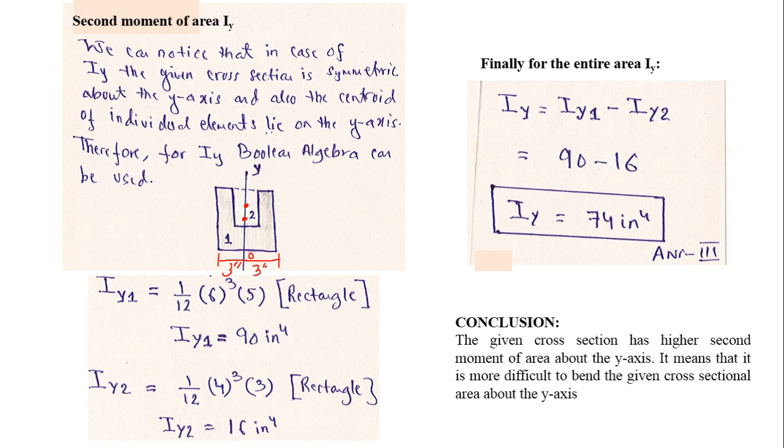So this 6 inches is the dimension that is perpendicular to the y-axis now, and I have to cube this dimension. That is why I have taken the cube of the 6 inch dimension, and since this dimension was 5 inches, it appears as it is.